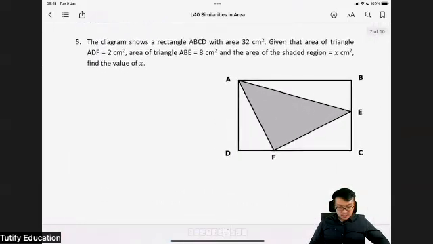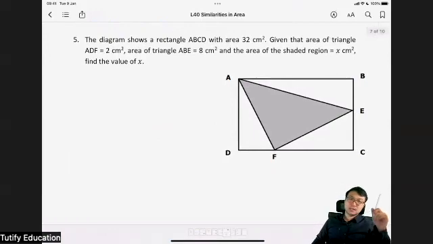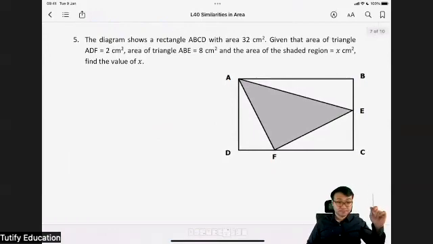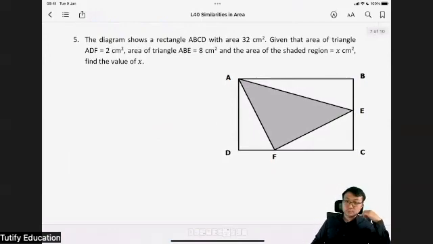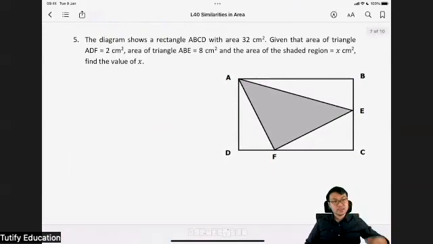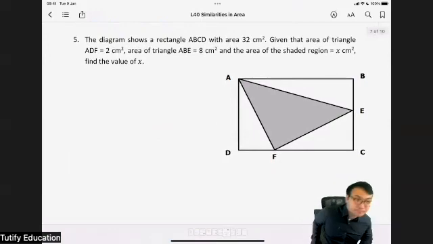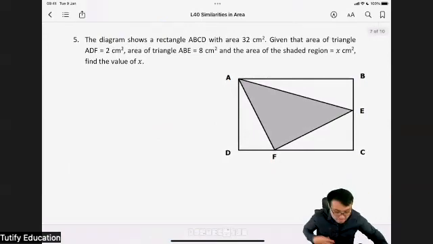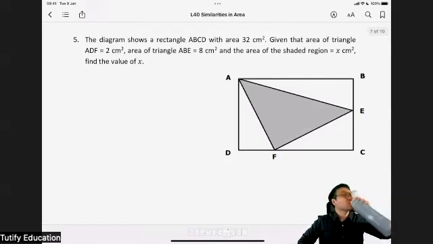Now, students, look at this. This question is not easy. I will be going through this with you. Take some time to read it first. Let me ask Abby. So, the question wants us to find the area of the shaded part.